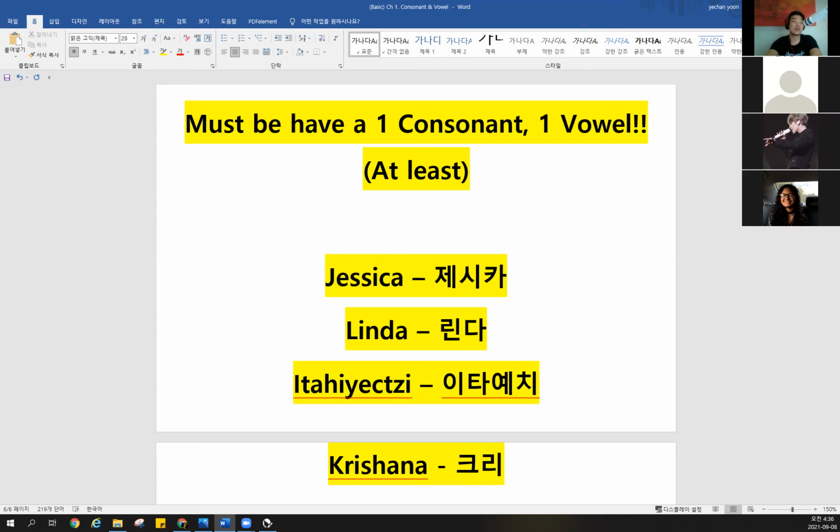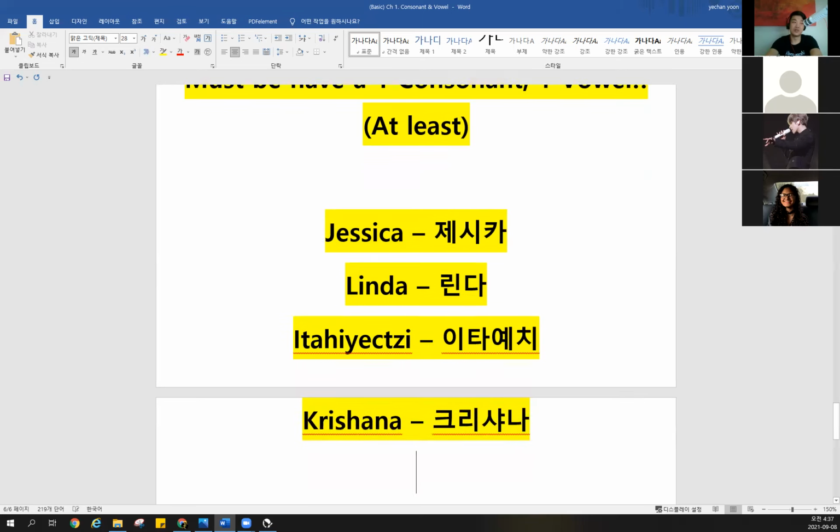So it's gonna be s and then ya. Keurisha, sha. So keurisha and na is gonna be n. So na. So keurishana is gonna be your Korean name.